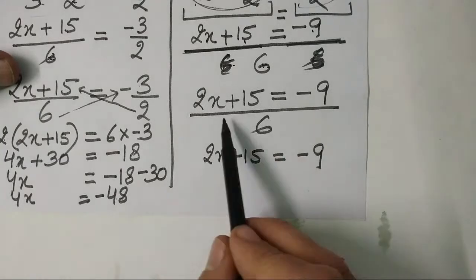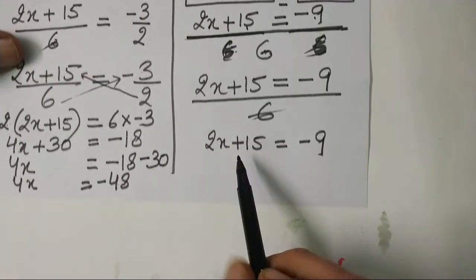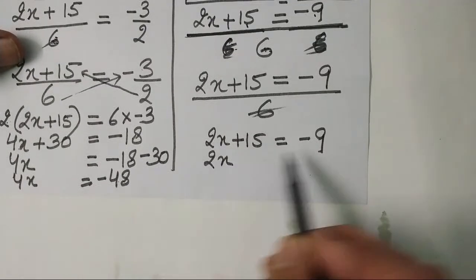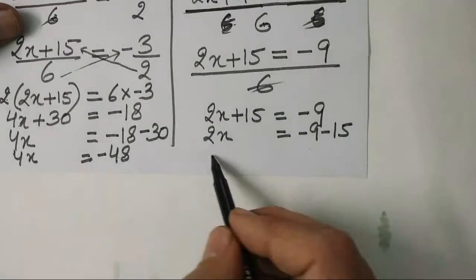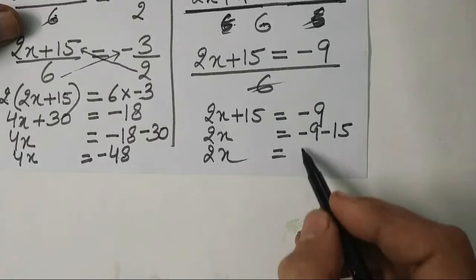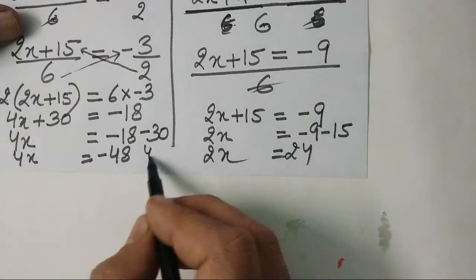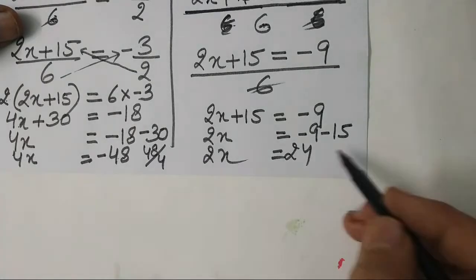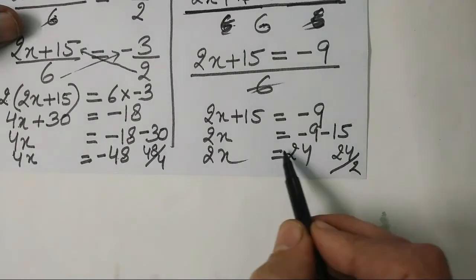Both sides have LCM 6, so we can delete the LCM. Your equation becomes 2x is equal to minus 9 minus 15, so 2x is equal to minus 24. Here also the answer comes as minus 48 upon 4, and here it becomes minus 24 upon 2, which is minus 12.